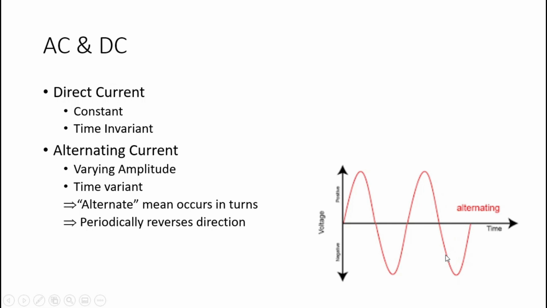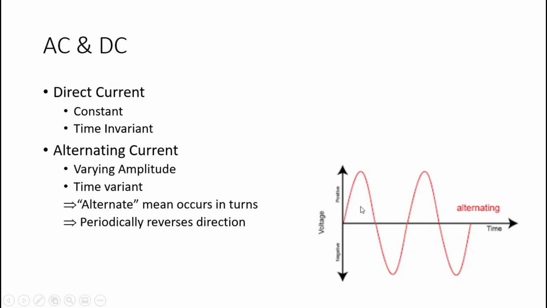So alternate means doing in turns, the two waves are repeating in turn, but they are repeating in some specific time period. For example, 0 to t is one time period. The two half waves of this whole wave repeat in this time period, and for the next time period it will repeat itself again.